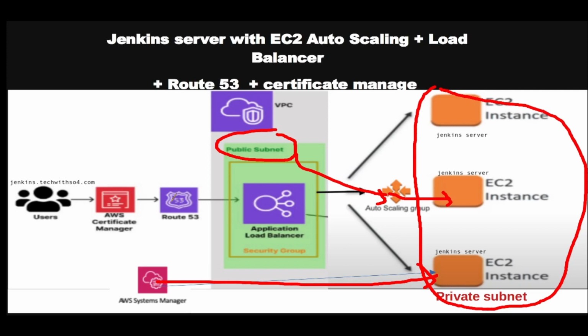We will also create a domain name using Route 53 and also request a certificate using AWS Certificate Manager. So in the end, we'll create a subdomain. So we want to type jenkins.techwithso4.com in a browser, and then we'll be able to see the Jenkins UI in the browser. Alright, hope to see you in our next video.